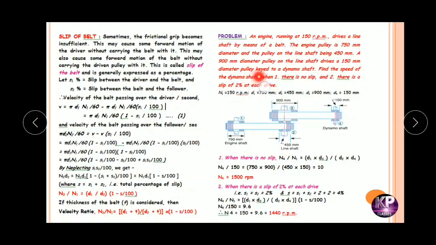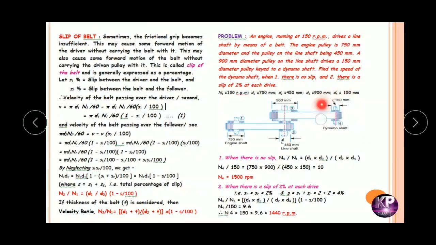A 900 mm diameter pulley on the line shaft drives a 150 mm diameter pulley keyed to the dynamo shaft. Here d3 equals 900 mm and d4, the dynamo shaft pulley, is 150 mm diameter. Find the speed of the dynamo shaft. Here the dynamo shaft is number 4; this is the engine shaft, and these two are line shafts, and this drives the dynamo shaft.